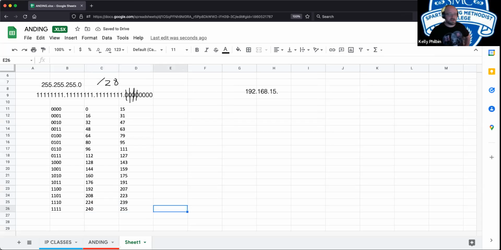So that is our range. For our /28s, that would be our network ranges for every single one of those networks. That is the network ranges.